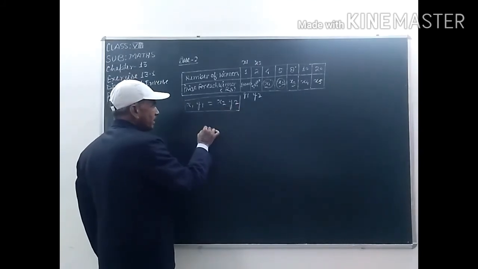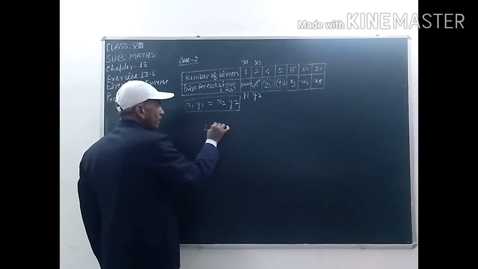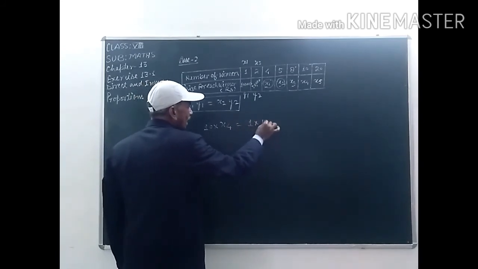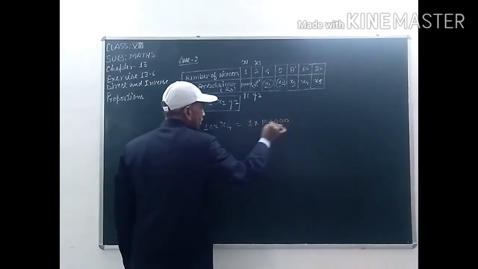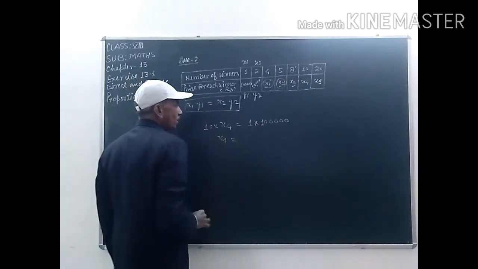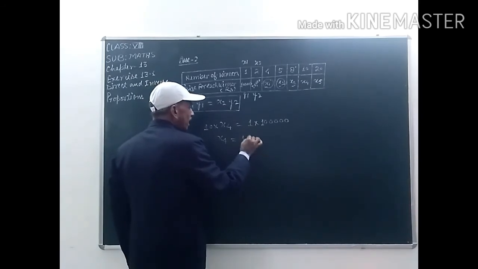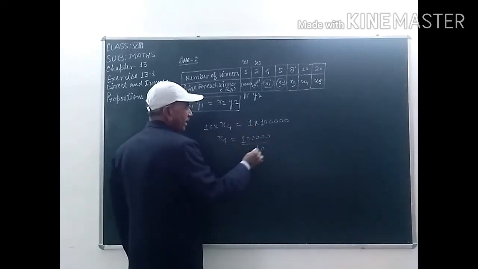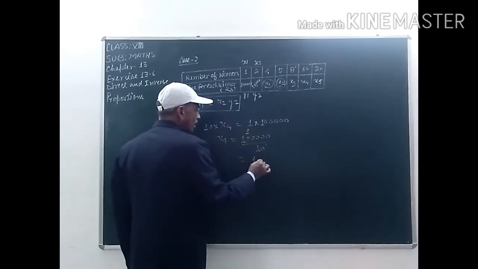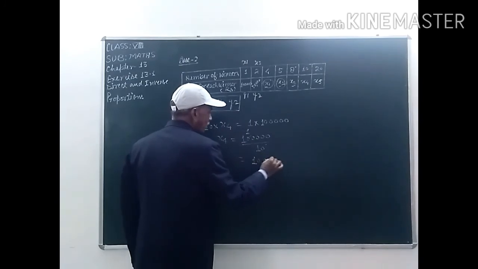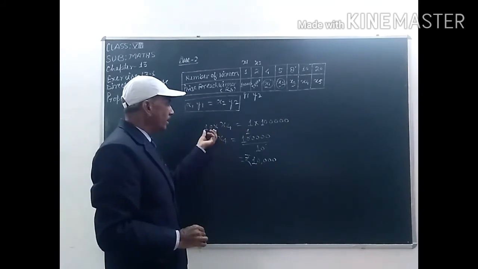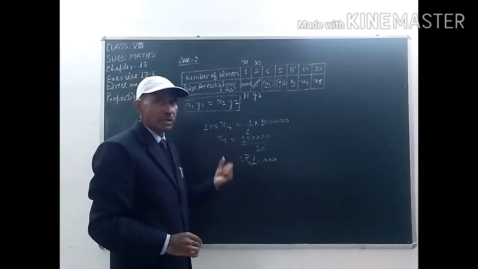If the number of winners is 10, then 10 into x4 is equal to 1 into 1 lakh, and x4 is equal to 1 lakh divided by 10. So it will be 10,000 rupees. If the number of winners is 10, then each will get 10,000 rupees.